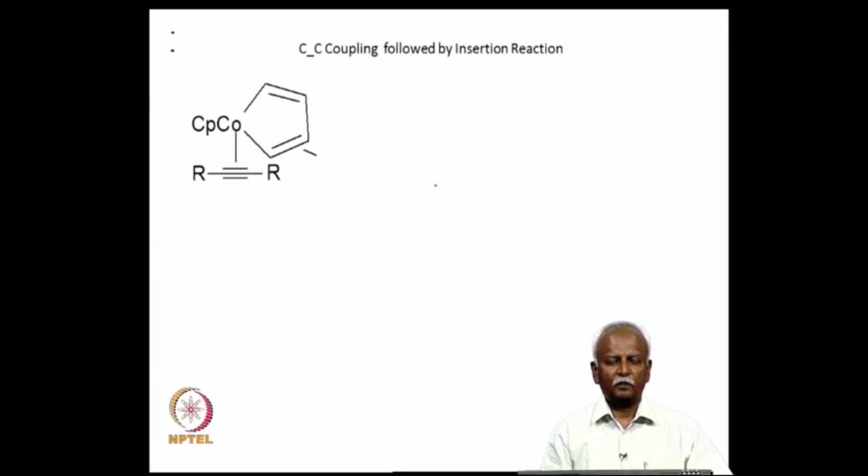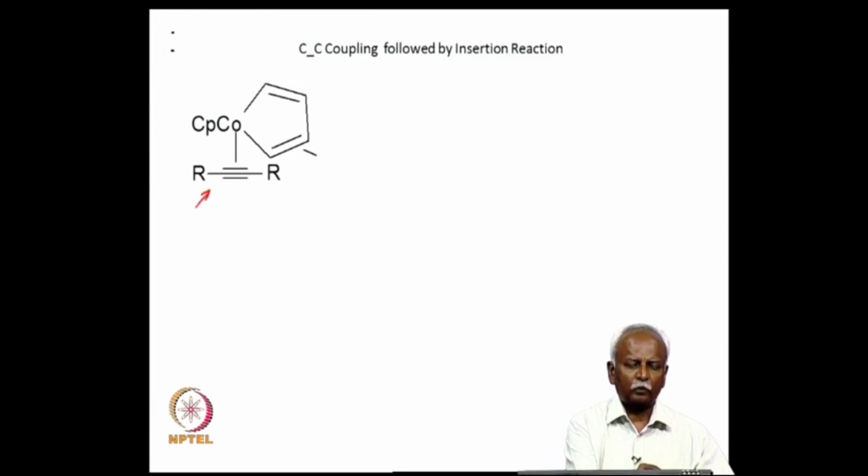Remember, insertion is a simple addition of an anionic species from the metal interacting with a neutral species on the metal. So, here the neutral species turns out to be acetylene. So, acetylene is a neutral ligand which is attached to the cobalt, and the anionic species or the negatively charged ligand is the one which we have marked in red.